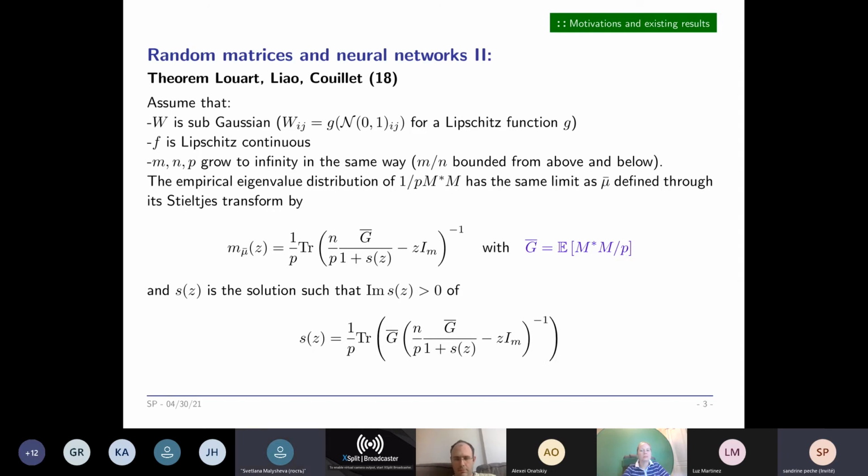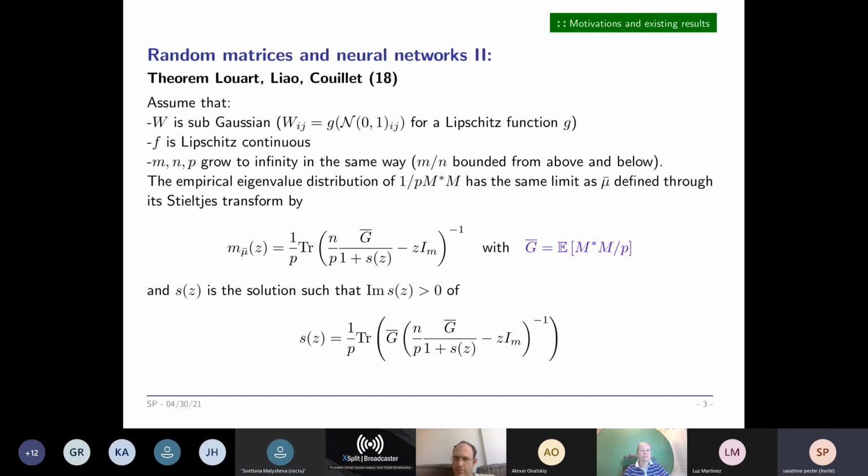Nevertheless, this is still some kind of universality result, because the role of moments of higher order is not important at all. Okay.